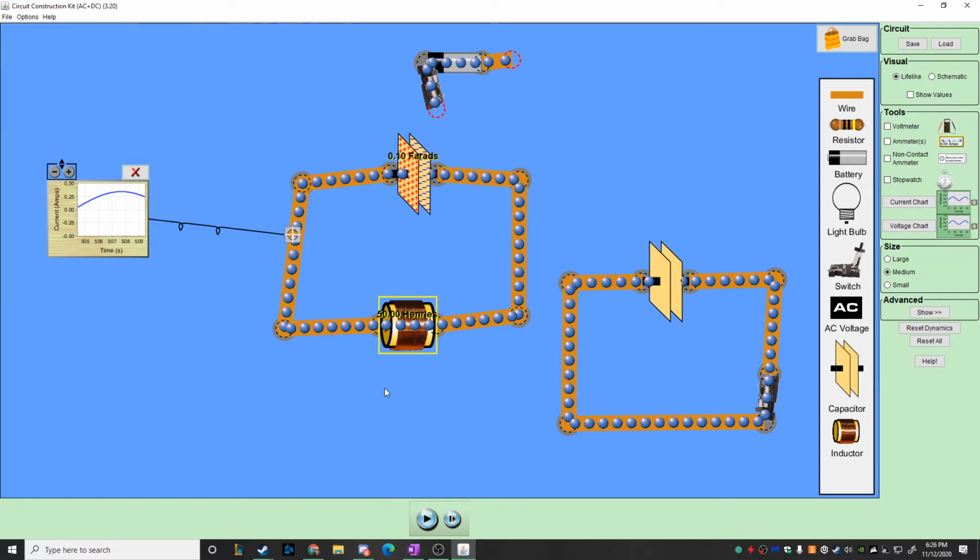So if we wanted to increase the frequency by a factor of 2, what could we do? Do we need to decrease these quantities or increase? We need to decrease them by a factor of 4, right? So how could we do that? 0.1 can only go down to 0.05, so that's a factor of 2, right?